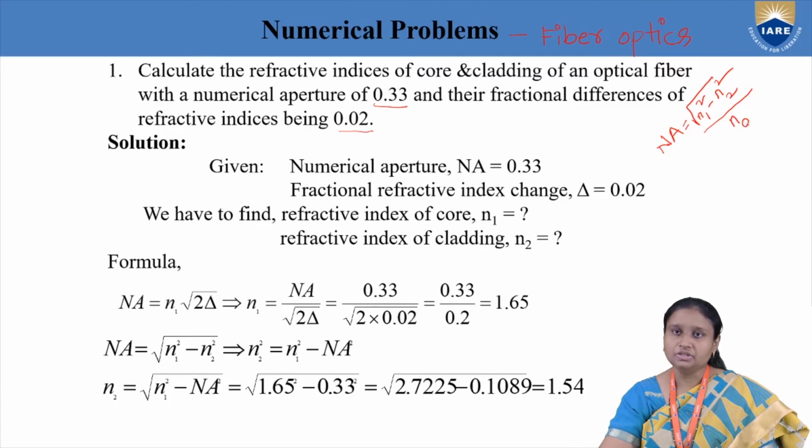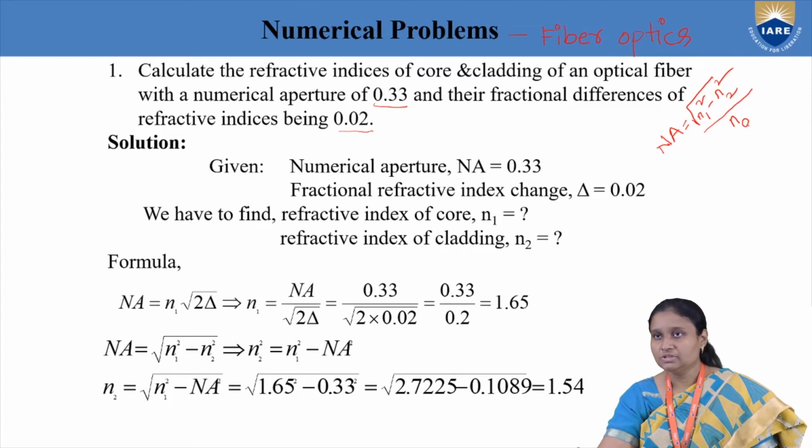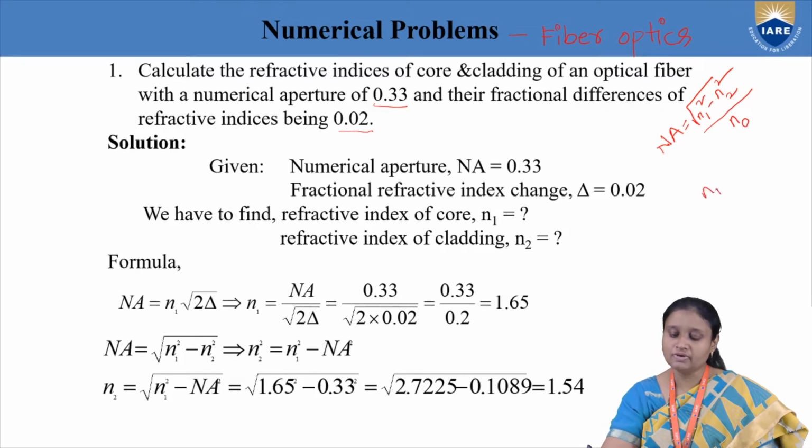N0 is the launching medium, and usually it will be air. If you are keeping your optical fiber in water, then the launching medium is going to change. And of course, N1 is refractive index of core and N2 is refractive index of cladding. And always we have to maintain N1 greater than N2.